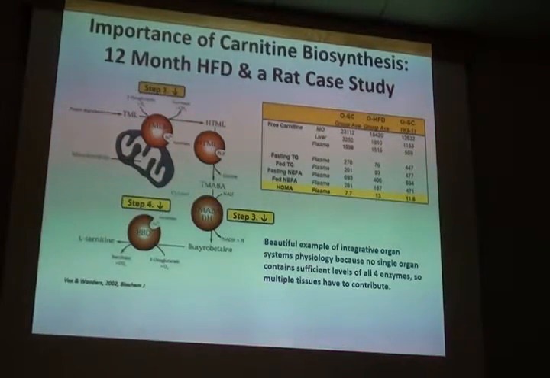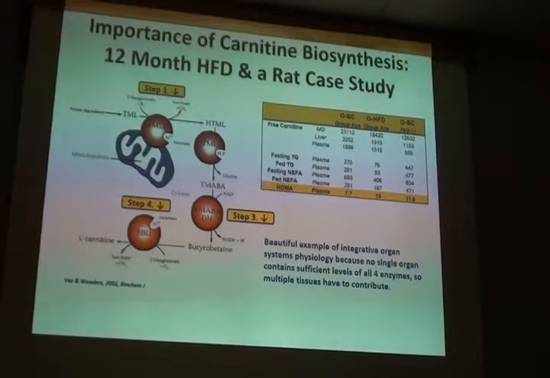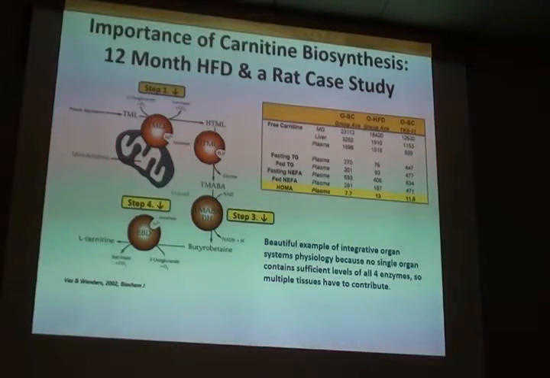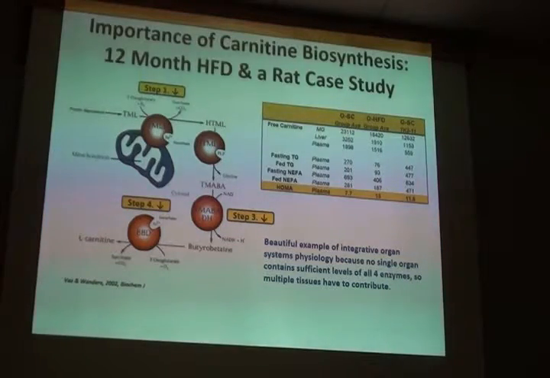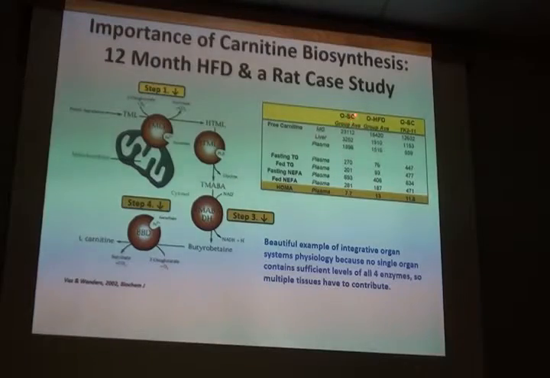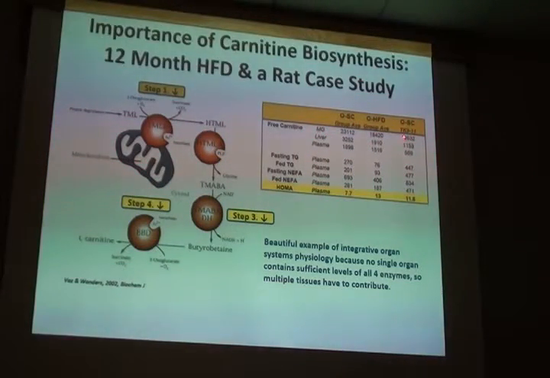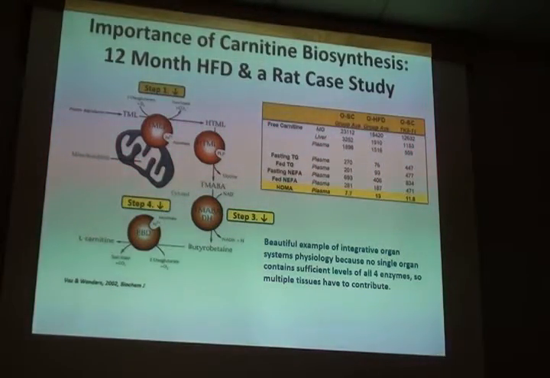But it's an interesting example of being prepared when you're doing your science. As we were analyzing all the groups, we kept seeing one animal in the standard chow-fed group that was consistently an outlier. It had very low carnitine levels, very low in the liver and the muscle as well as in the plasma, about 3-fold lower than the average.